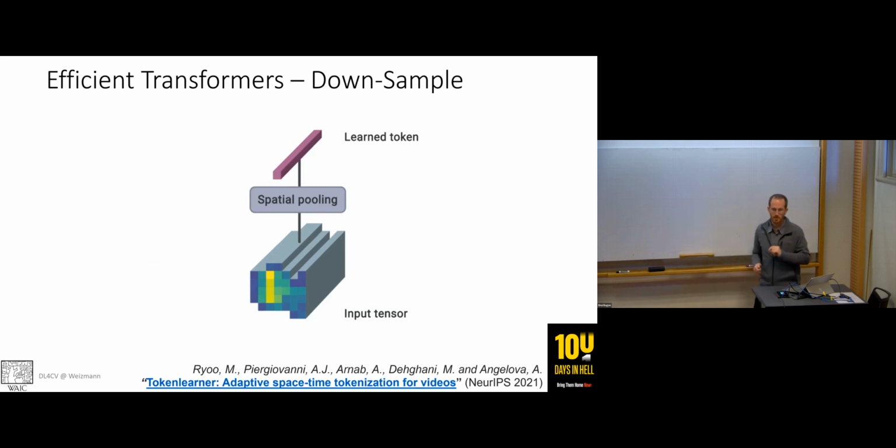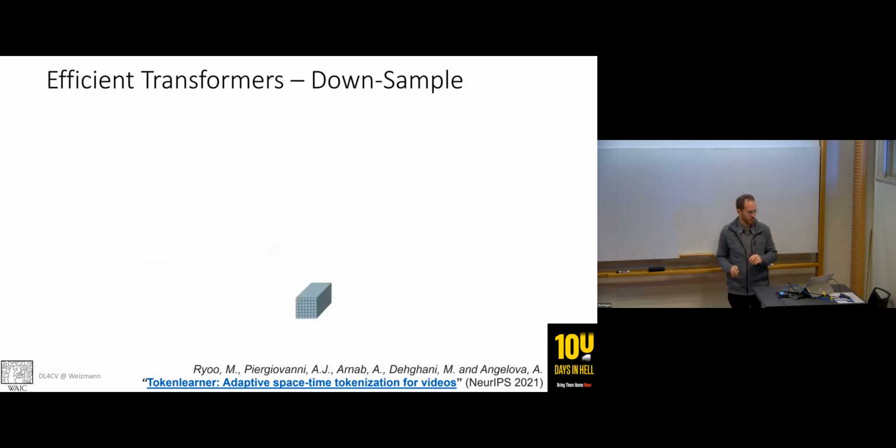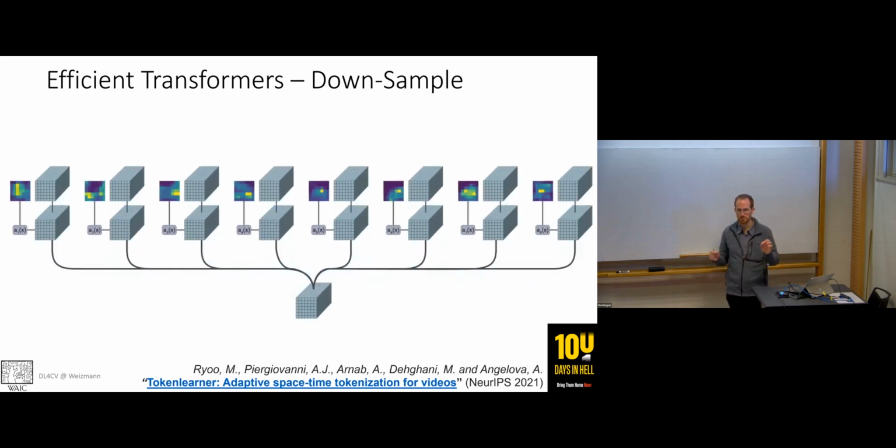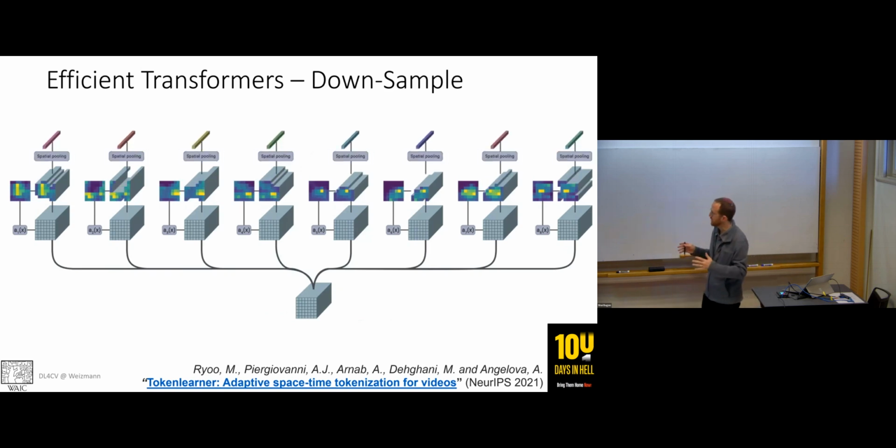It learns a few of them, for instance 8 different projections. So we take a collection of tokens and project them to a fixed number of tokens, and then we do all the processing on this fixed number of tokens. Instead of having 16 by 16 or 14 by 14 tokens for an image, we now have 8. With 8 tokens, you process very efficiently and get very good performance.